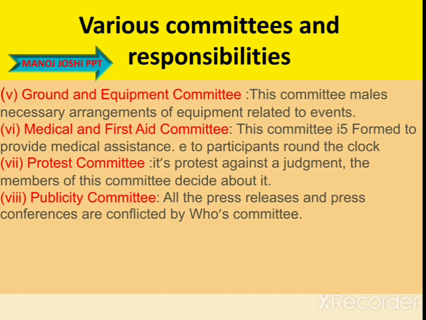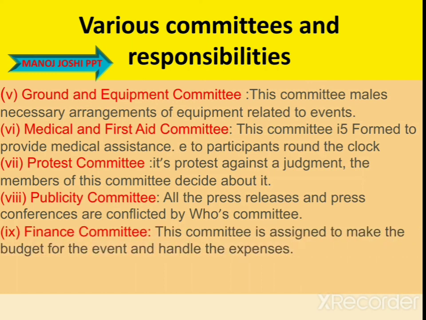Publicity committee: all the press releases and press conferences are conducted by this committee. Finance committee will look after all the matters related to finance and money.